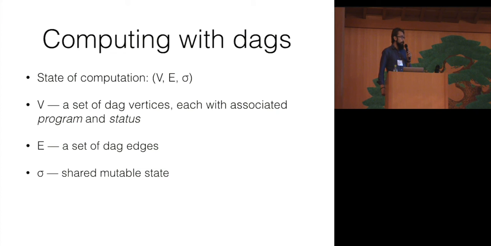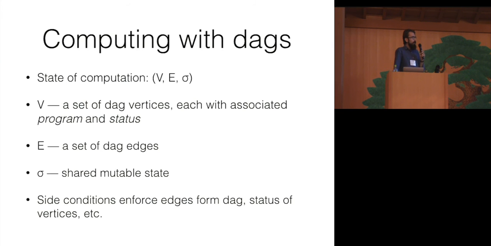So we decided to include the shared mutable state in the presentation in the paper. And of course, there are side conditions that enforce the edges to form the DAG, that the status of vertices is appropriate, and so on. I will not go into detail on precisely what the side conditions are.